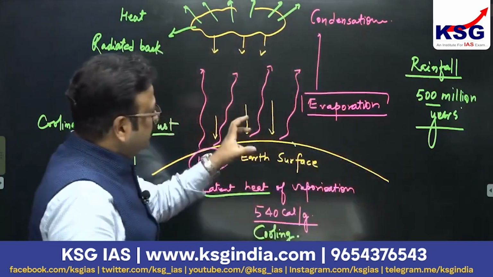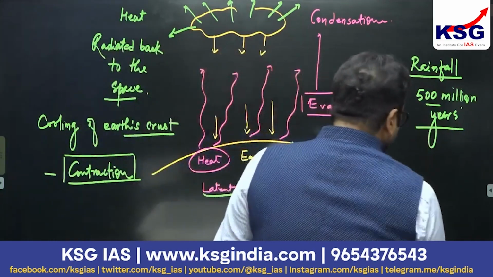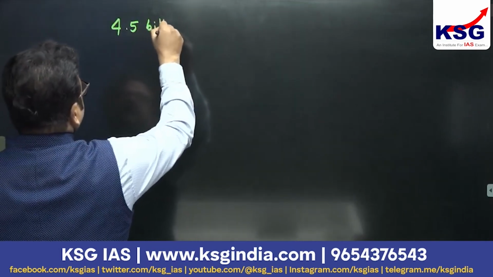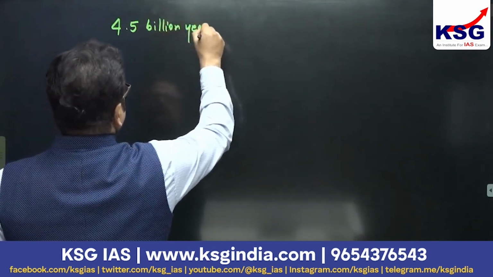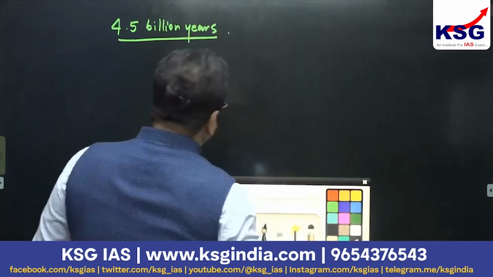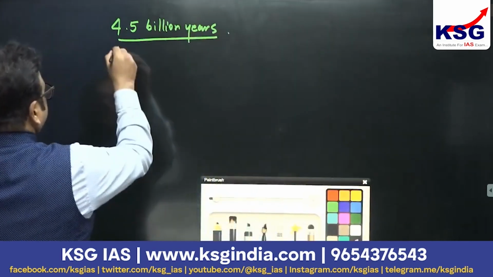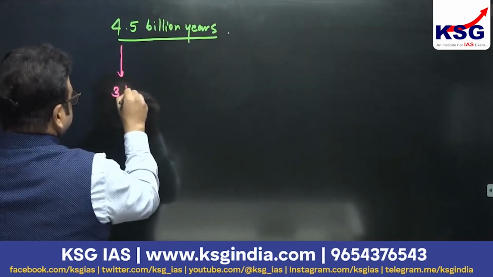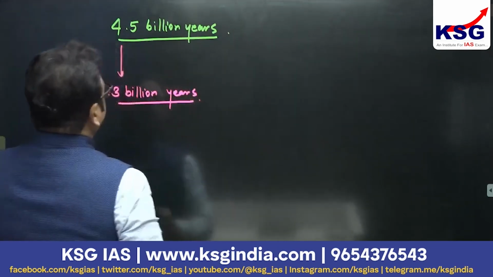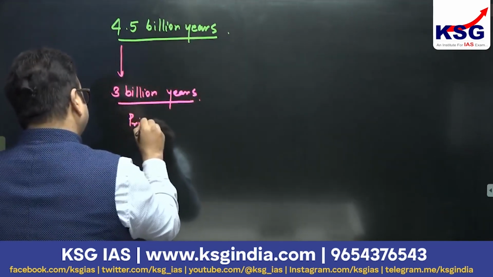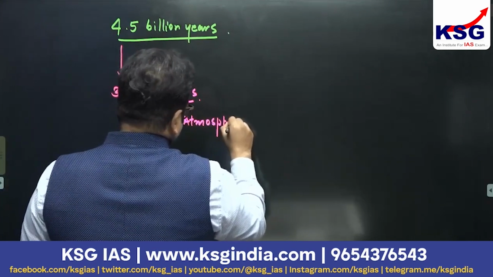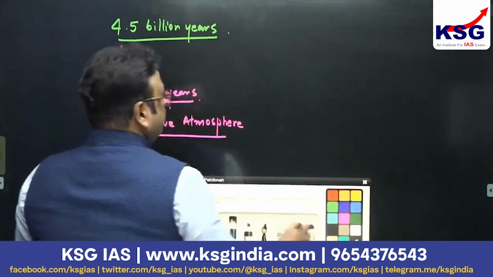If we have a chronology, almost 4.5 billion years back, this was the birthday of earth, means almost the time when earth was created, and from 4.5 to 3 billion years, this was the time when primitive atmosphere was there. So it started developing from here.